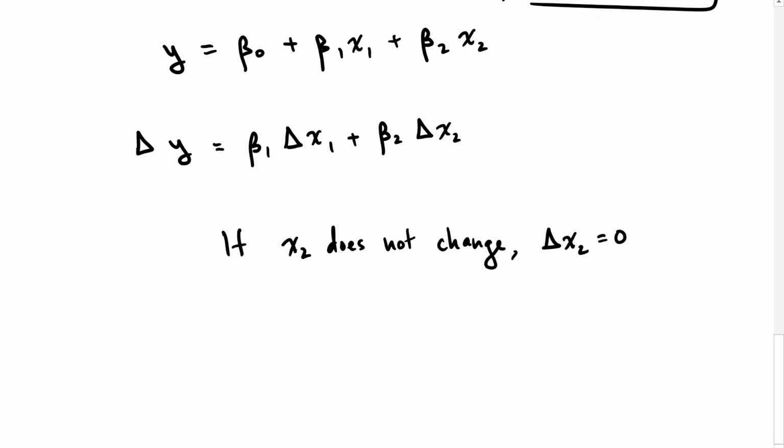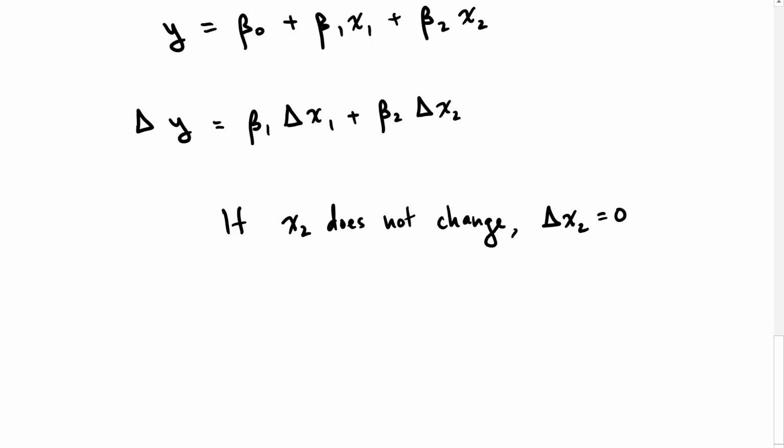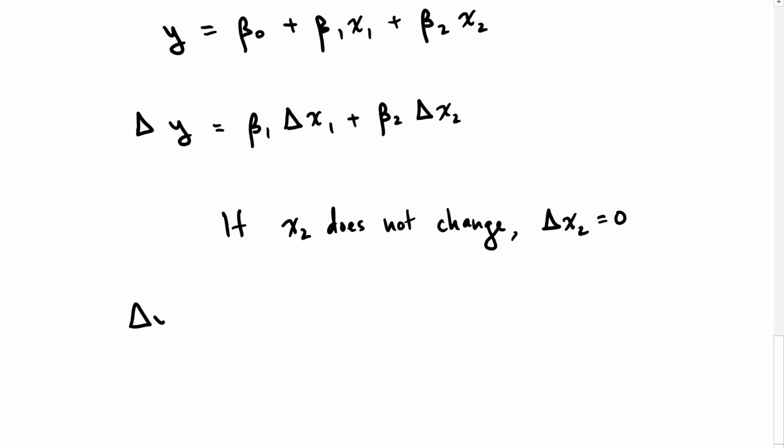Okay, so if there's no change in x2, then the change in y is just equal to beta 1 times the change in x1.